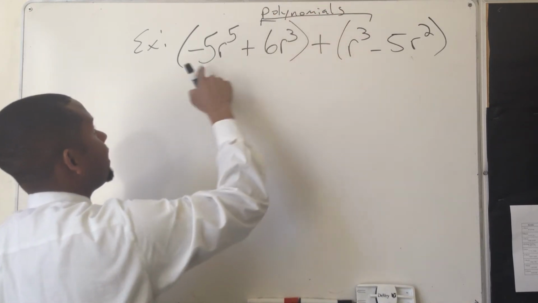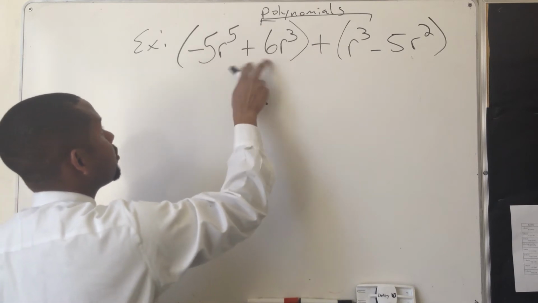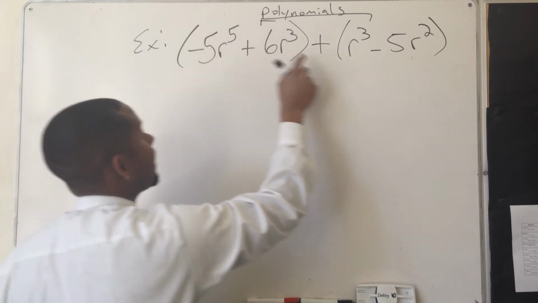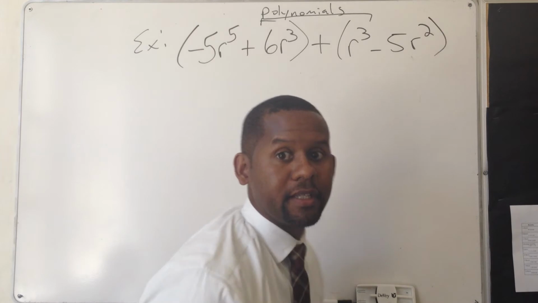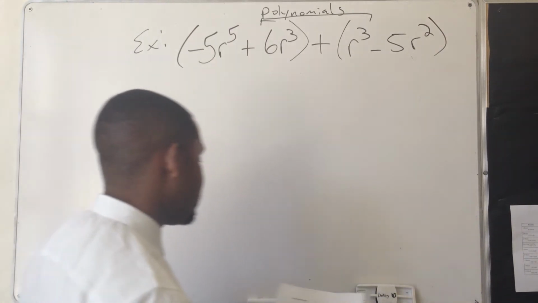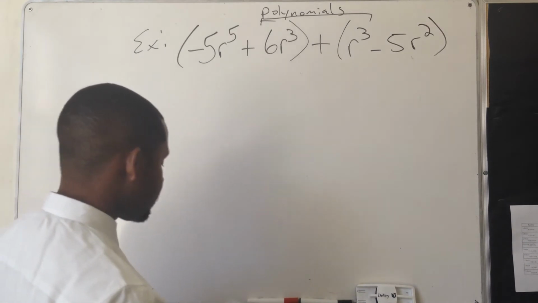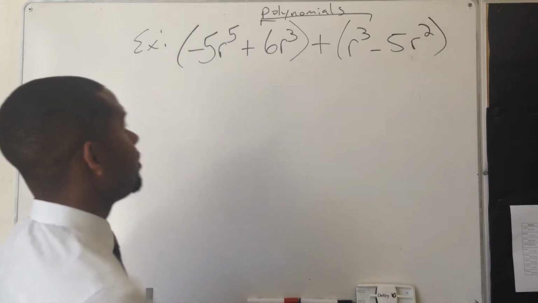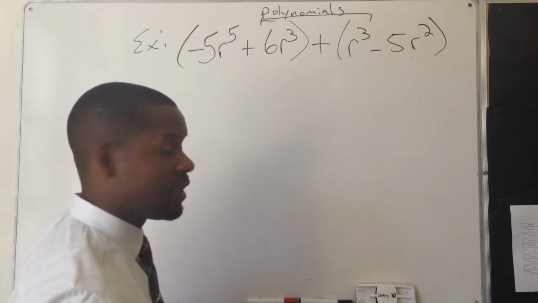Poly means many, multiple. There are 2 terms that are added, and I'm adding this polynomial and this polynomial. We're not going to get real deep into it, but that's why this is called adding polynomials. So, it said, always do addition. We have an addition problem, so that's good.